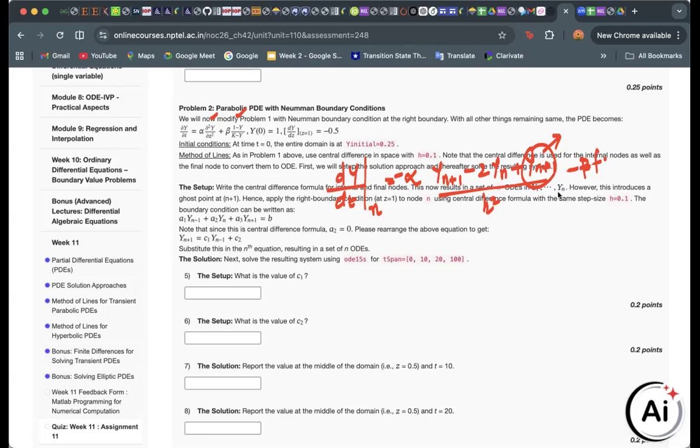This assignment we felt very difficult, ma'am. Assignment 11. What is the value of C1 and C2 is the first question. That also I did not understand, how to find out C1, C2 and all. I can't tell the whole thing because the deadline is still there.